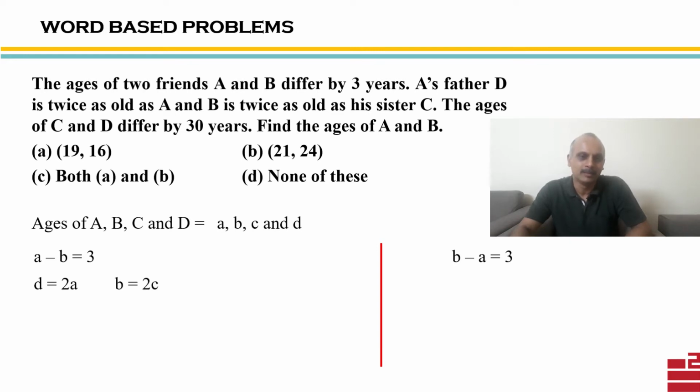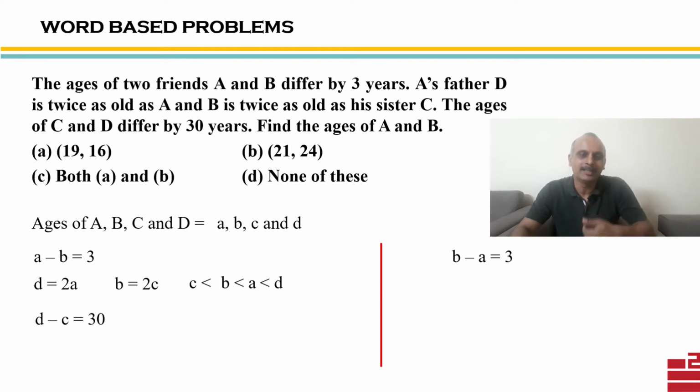That means B is twice of C. One more line is given, that the ages of C and D differ by 30 years. Now, since D is twice of A and B is twice of C, it's obvious that D is more than C, and therefore D minus C is equal to 30 years.